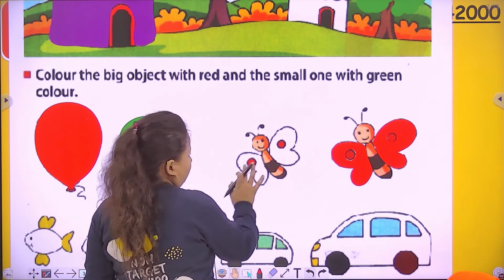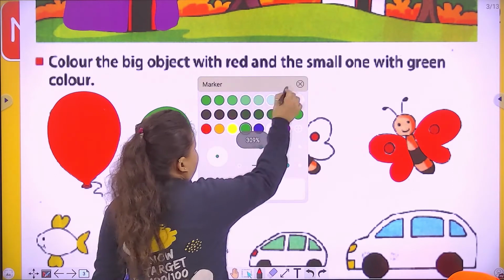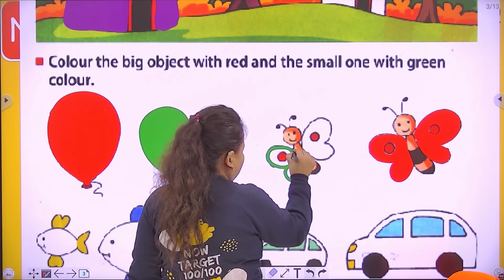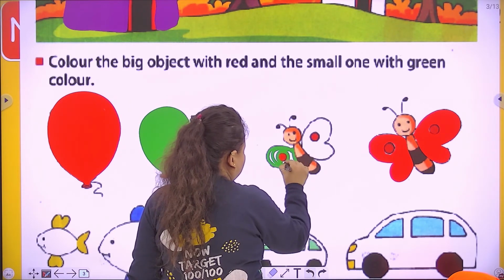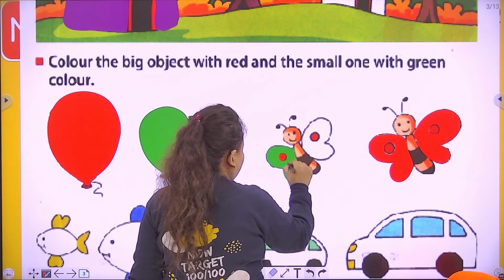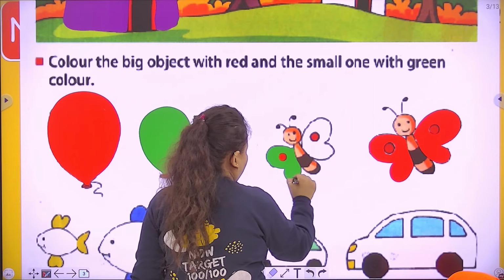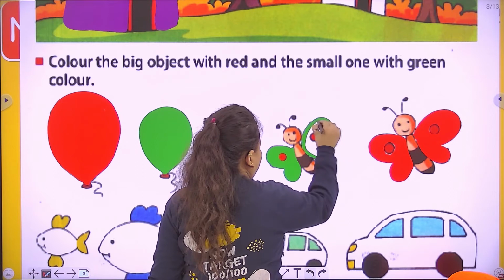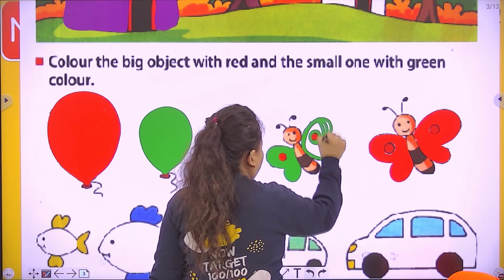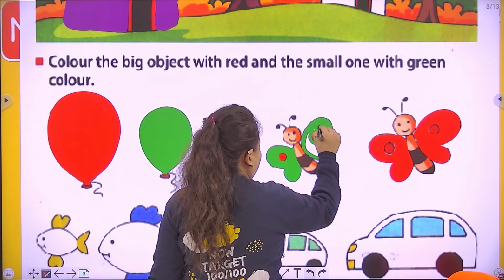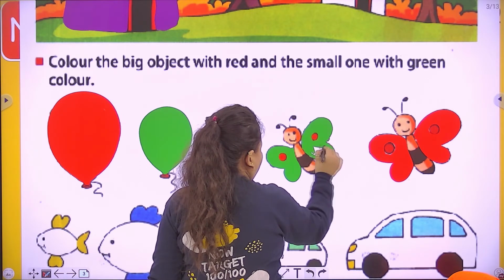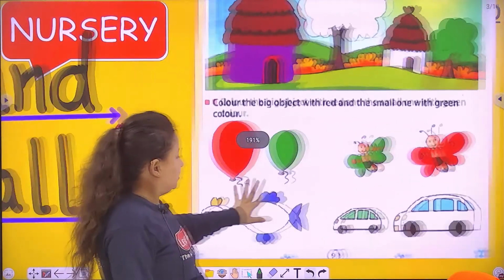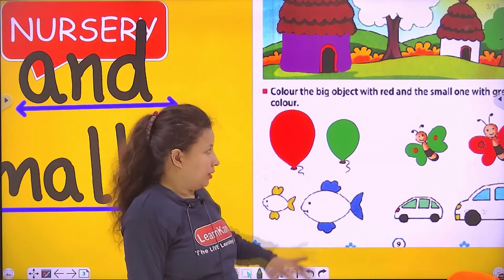Now which one is small? This one now? So we have to fill green color. जो small objects हैं उस पे हमें green color करना. Okay, done. So beta, like this, you have to complete page number 9.